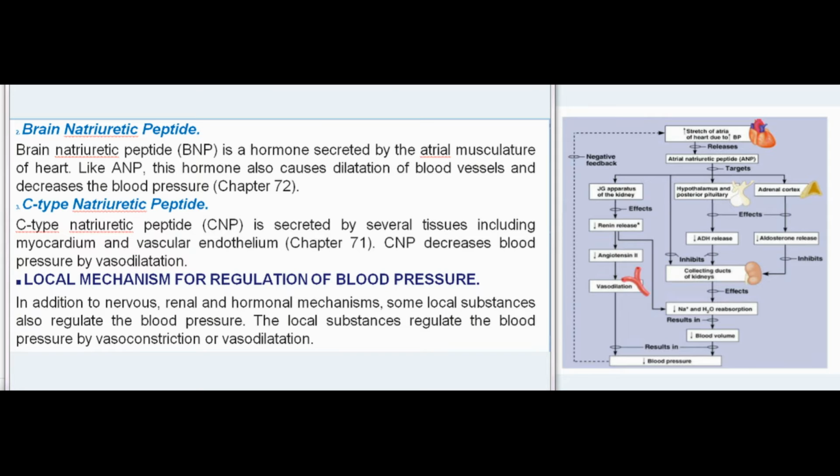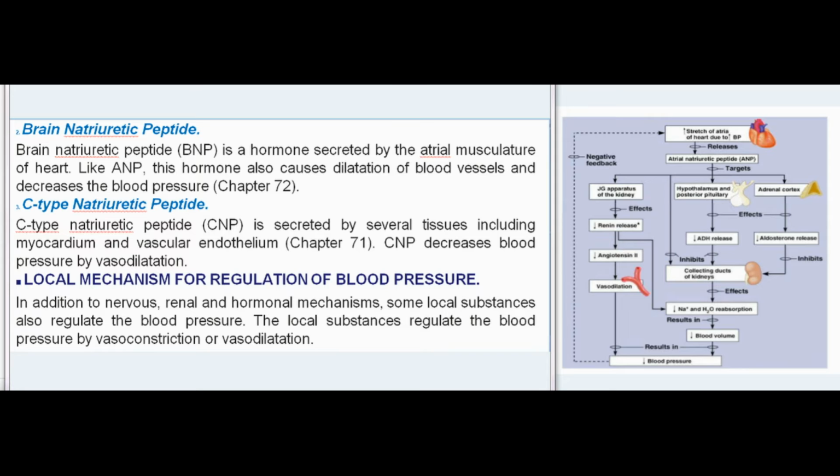Like ANP, this hormone also causes dilatation of blood vessels and decreases the blood pressure, Chapter 72. C-type natriuretic peptide. C-type natriuretic peptide, CNP, is secreted by several tissues including myocardium and vascular endothelium, Chapter 71.